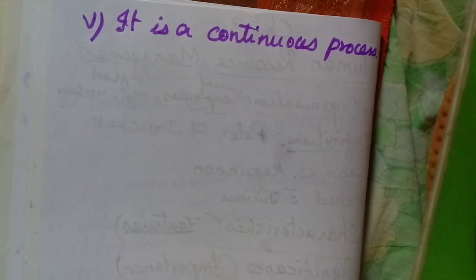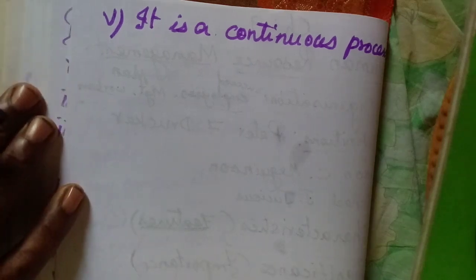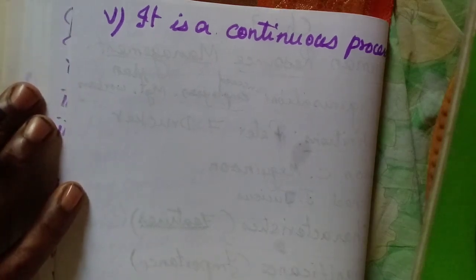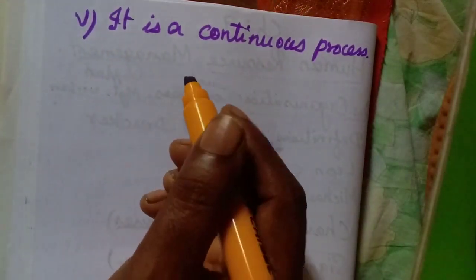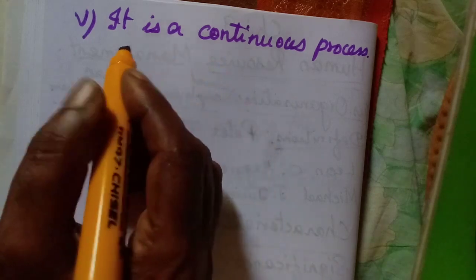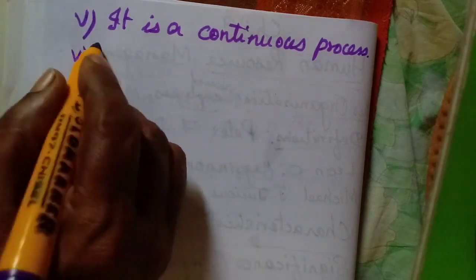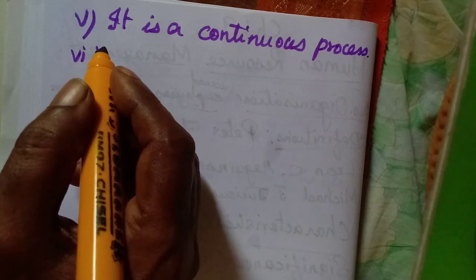Not a single work, it is a continuous process. Continuously, from the beginning of the organization till the end, throughout the lifetime of the organization, they must do this work. It is a continuous process.